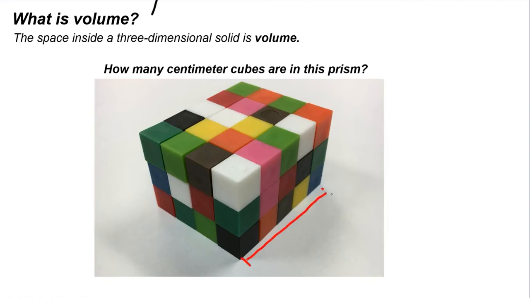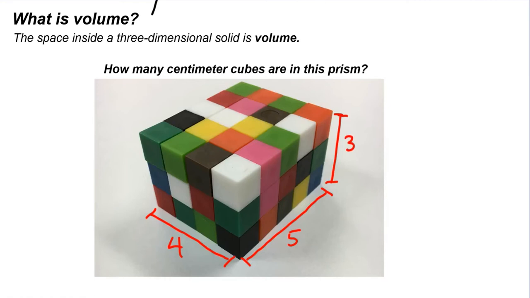Well, one way to figure that out would be to look at how long, how wide, and how tall this prism is. So if you're looking at this prism and you count the blocks, we have 4 blocks wide, we have 5 blocks long, and it's 3 blocks tall.